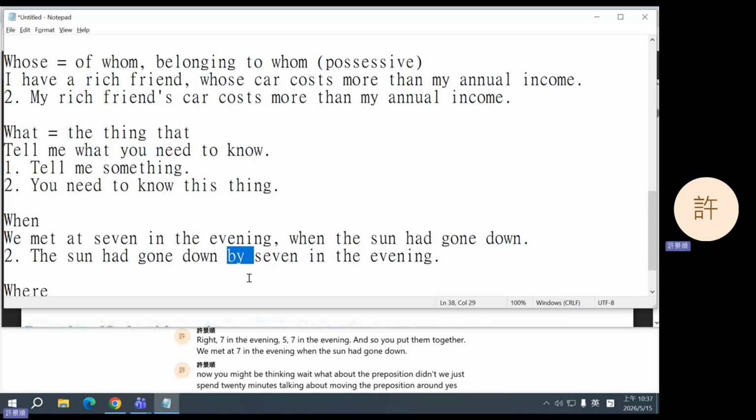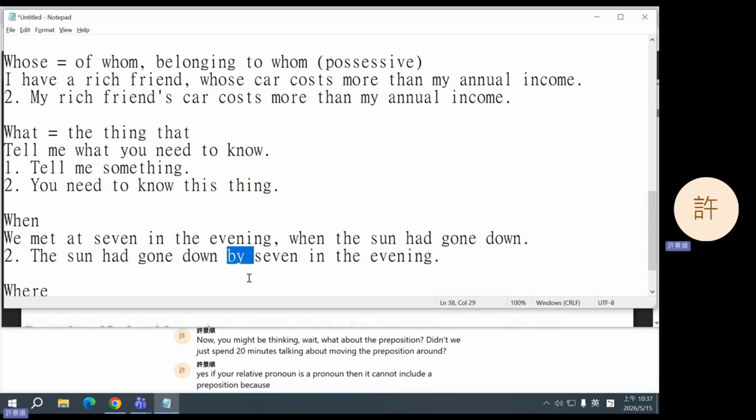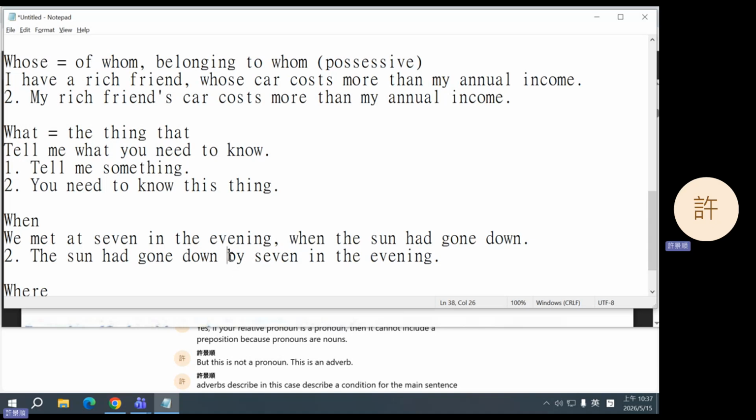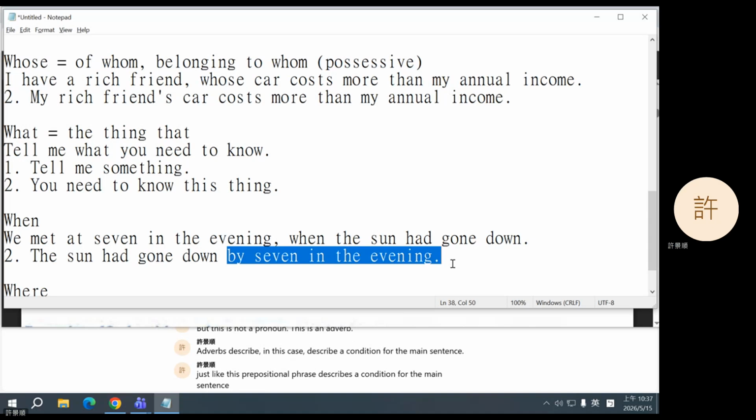Yes, if your relative pronoun is a pronoun, then it cannot include a preposition because pronouns are nouns. But this is not a pronoun. This is an adverb. Adverbs describe, in this case, a condition for the main sentence. Just like this, a prepositional phrase describes a condition for the main sentence.